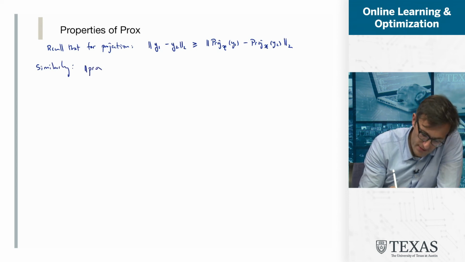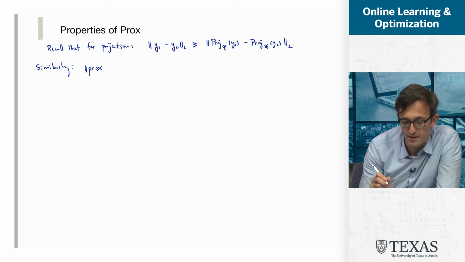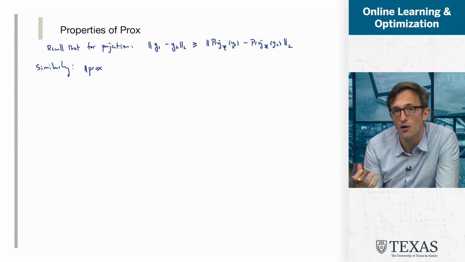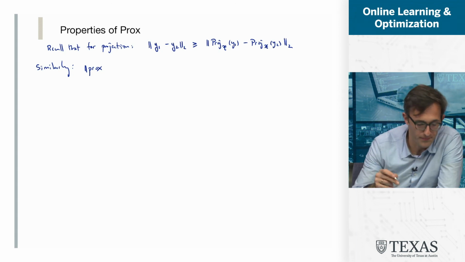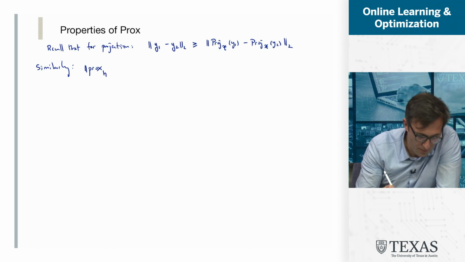And showing this is going to give us good practice for understanding how manipulations with a prox operator work. So the prox operator: the norm of prox of x minus prox of y is less than or equal to the norm of x minus y.